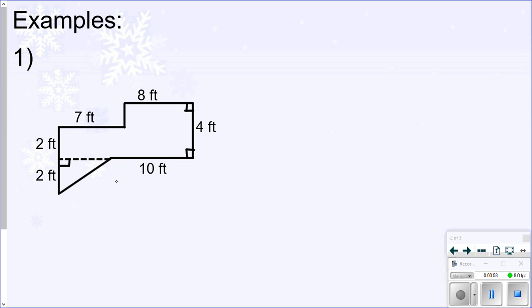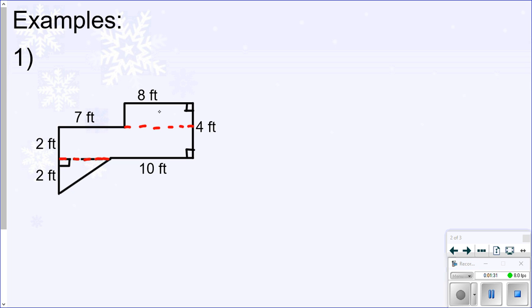I would start off by putting a line across here, and so we have this rectangle right here. And then how about if we just put a line across here and we have this triangle.